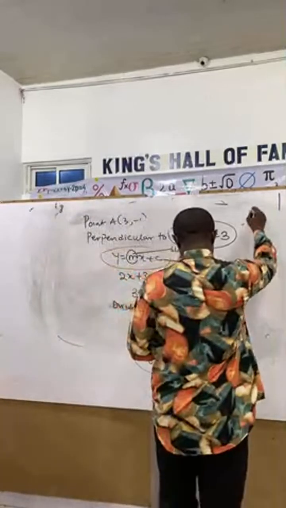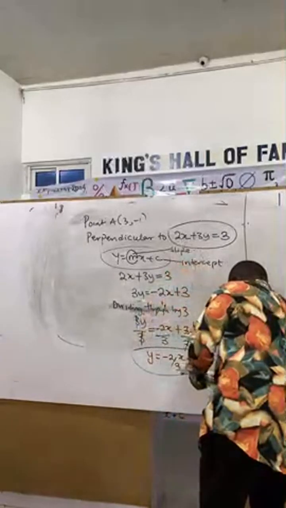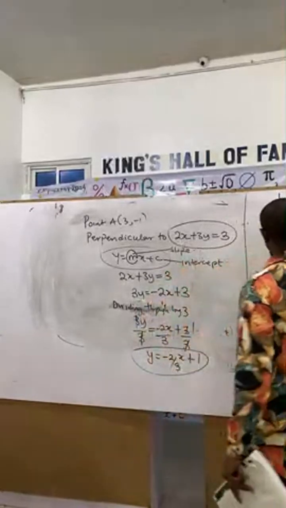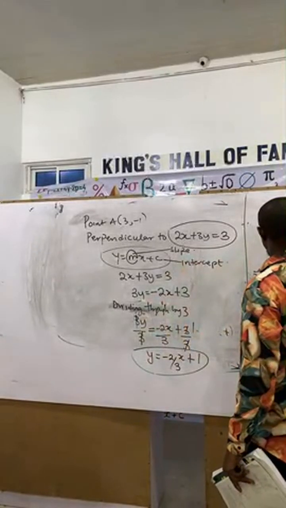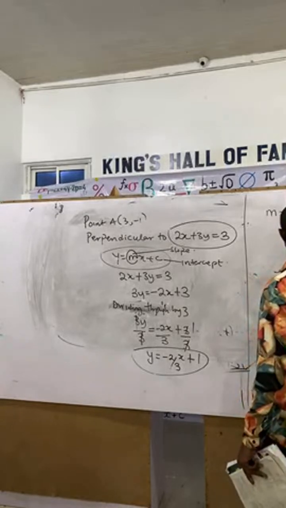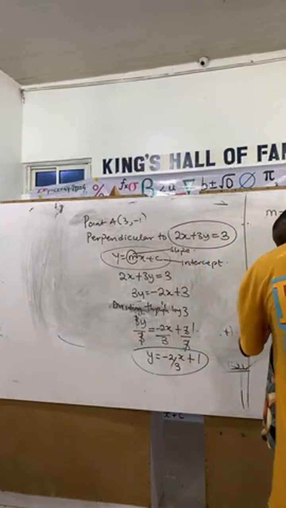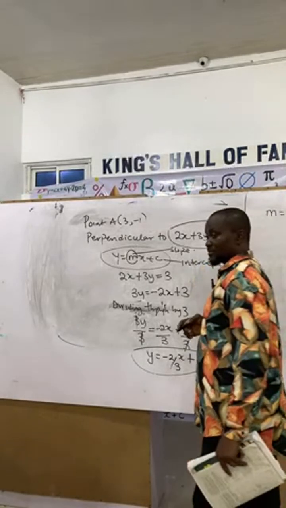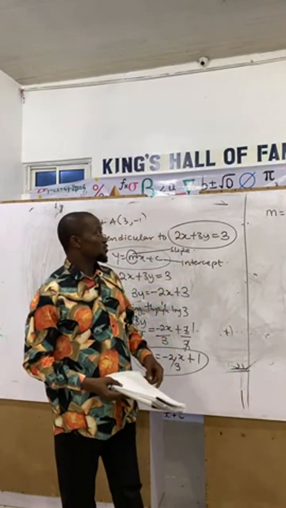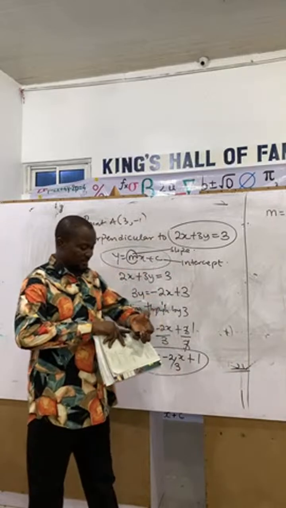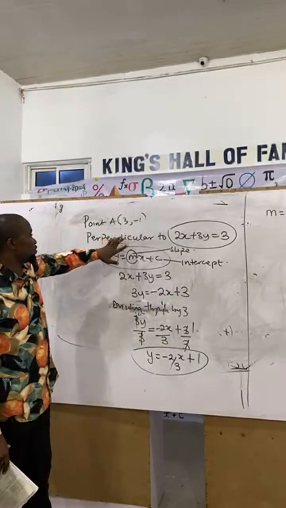So therefore my slope m equals minus 2 over 3 and my intercept c equals what? So recall what they say in that question. They say that this line is perpendicular.